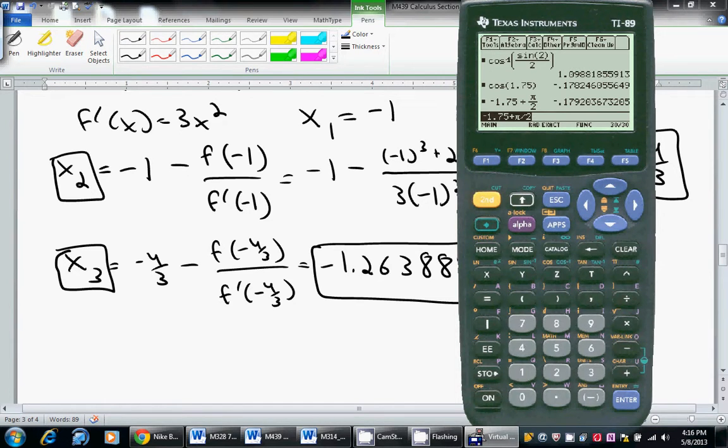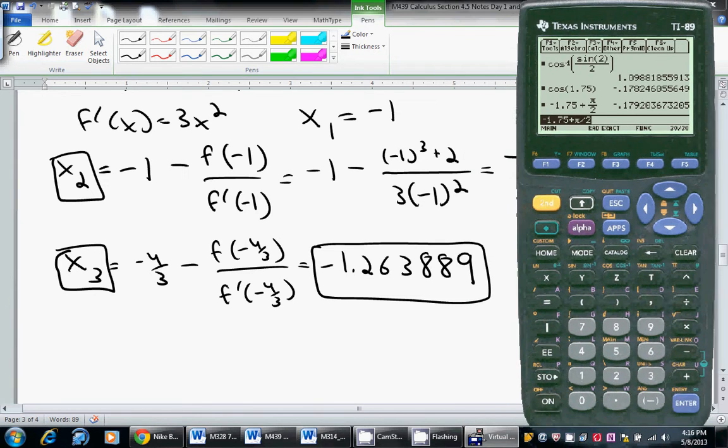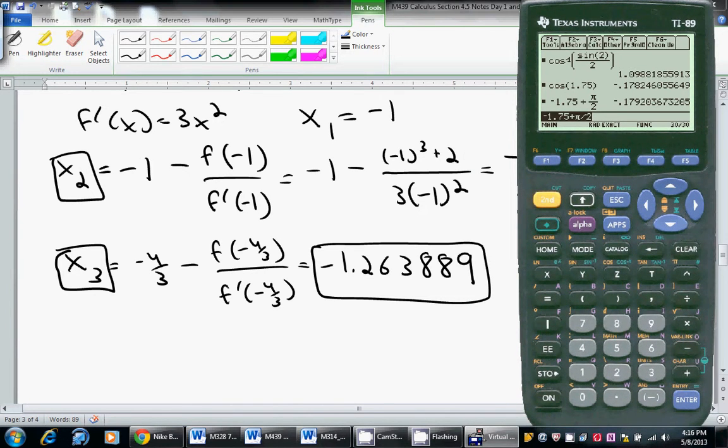Now, there's a much better way though. And the much better way is found by graphing the general form from Newton's method. So on your calculator, go to y equals, for y1. And here's what we're going to type in. Now, x sub n plus 1 is equal to x sub n, which we're going to call just x.